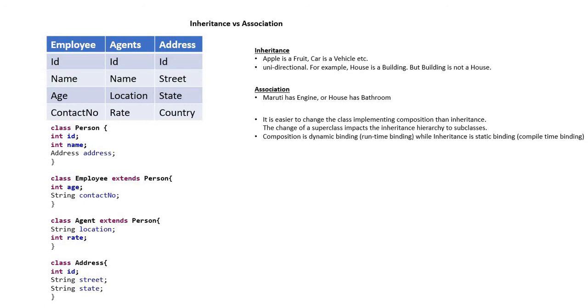We need to make use of all these things and think from the perspective of all these things, and we need to create our projects or our classes to use inheritance or association. Okay. Hope you guys are clear about when to use inheritance and association. Thank you.